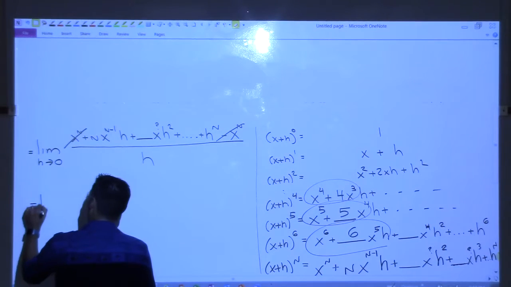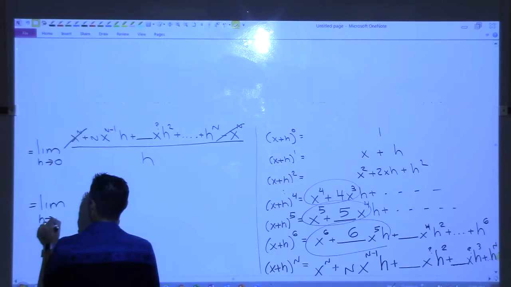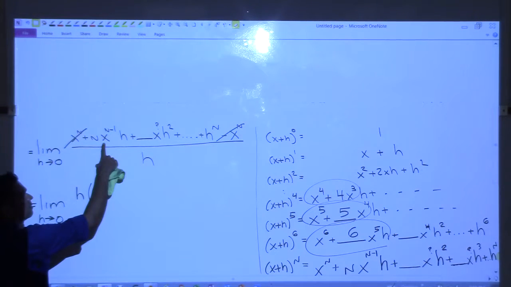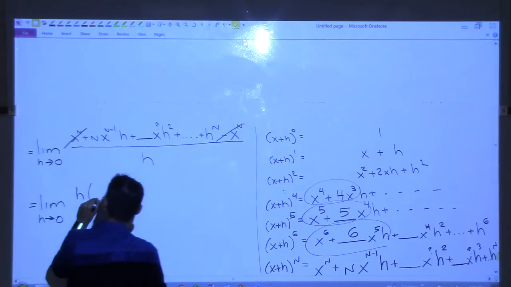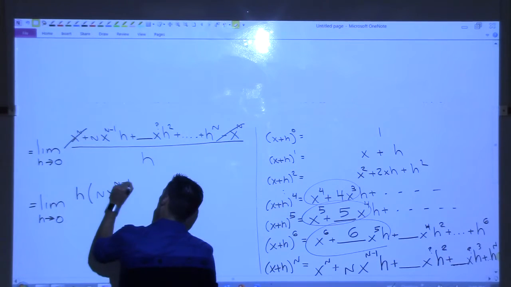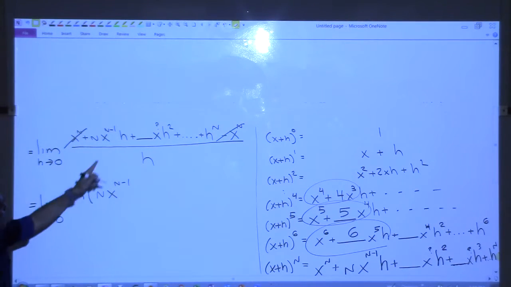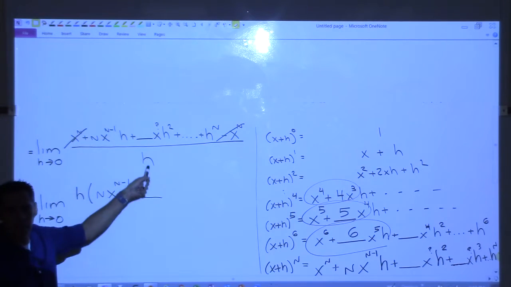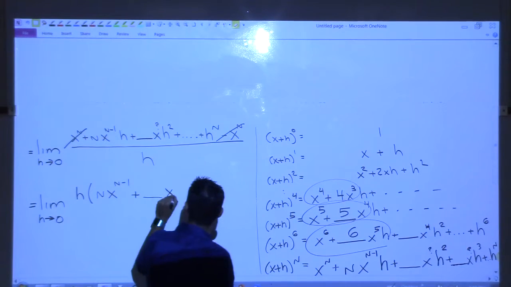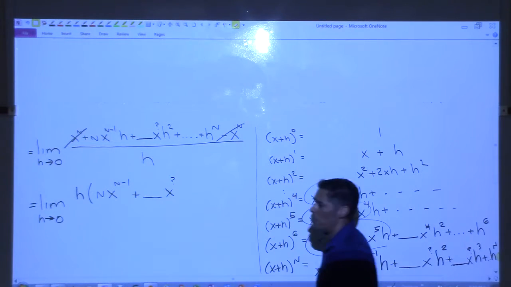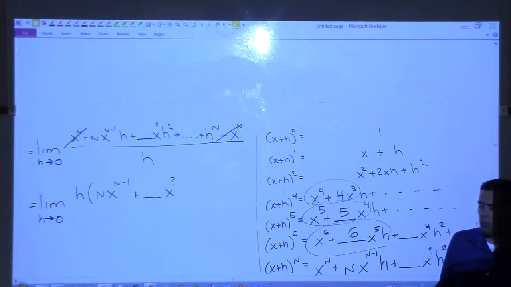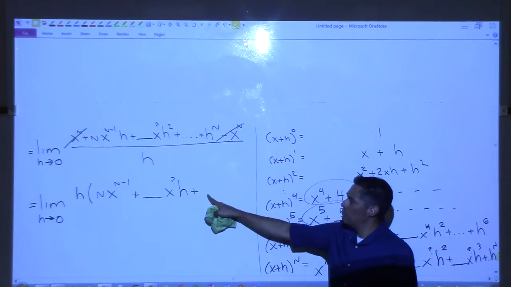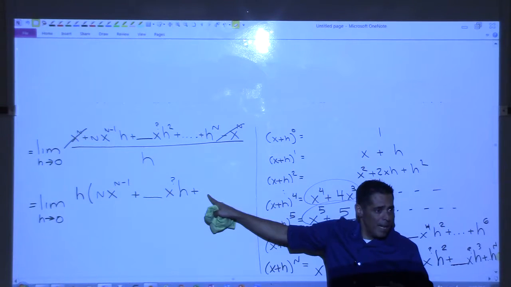If I pull one h out of the top, if I factor out an h, then what's left here? N x to the n minus 1, right? Because the h came out. Plus, next one, some number. I don't even care about that number. I'll still have the x to some power, right? How many h's will be there? 1, right? Because I pulled one out. What can you tell me about the next piece? Will it have an h in it?